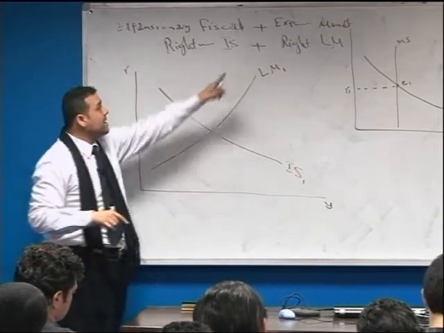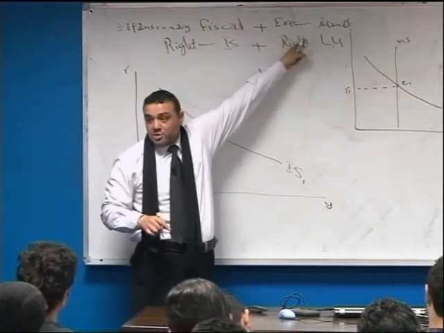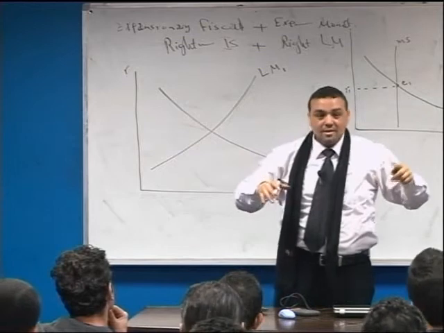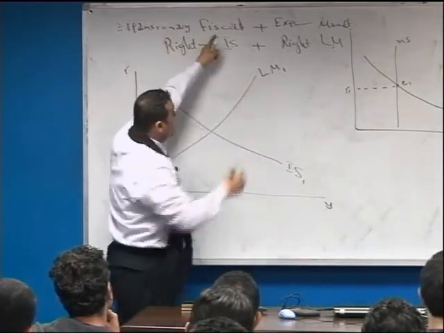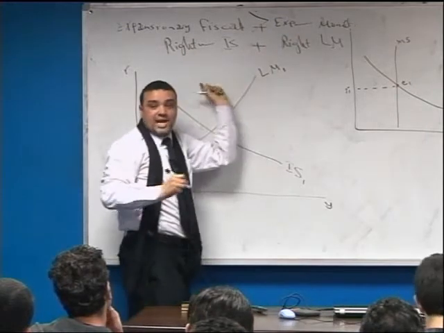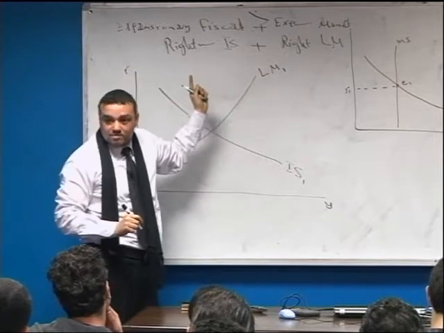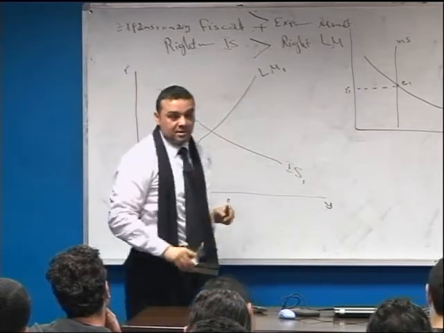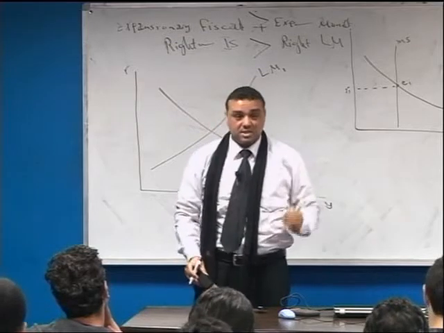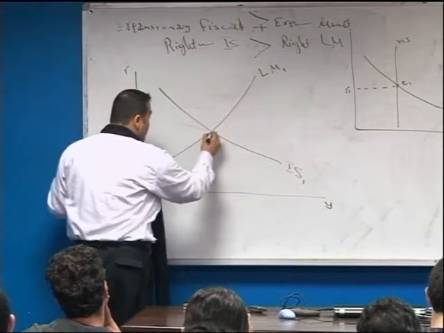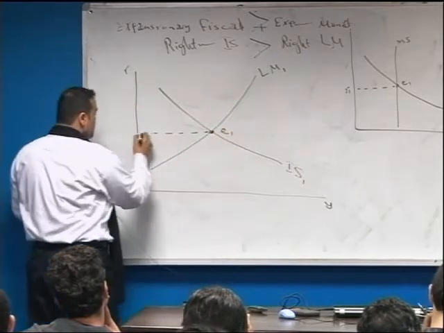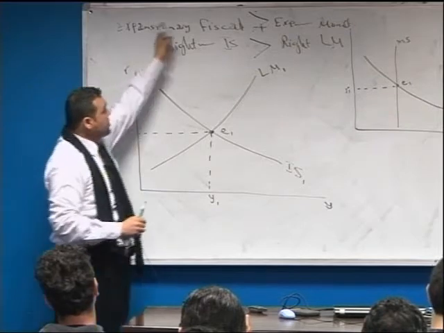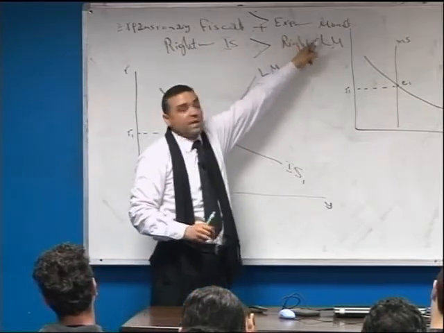Also, could the expansionary fiscal be larger than, smaller than, or equal to the expansionary monetary? Pay attention to this point. Let's try the case where the expansionary fiscal is larger than the expansionary monetary. The rightward shifting in the IS is greater than the rightward shifting in the LM. This is the original equilibrium E1, R1, Y1. The effects of the expansionary fiscal policy are larger than the expansionary monetary policy.